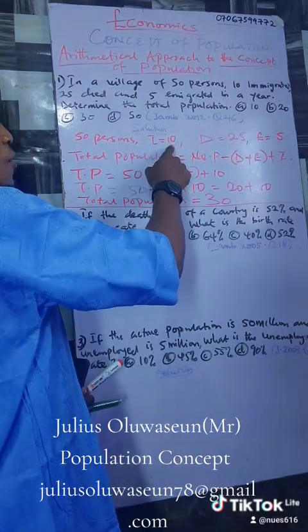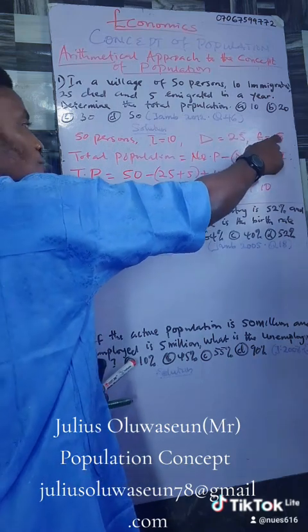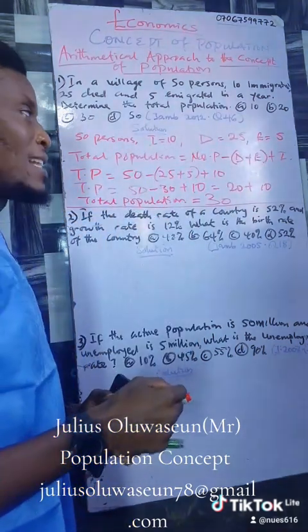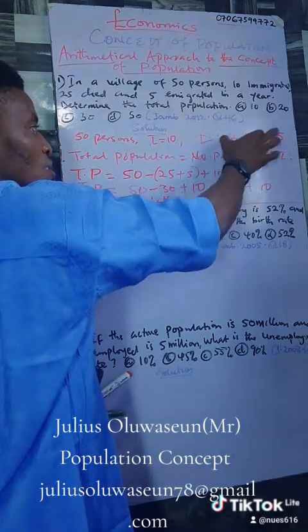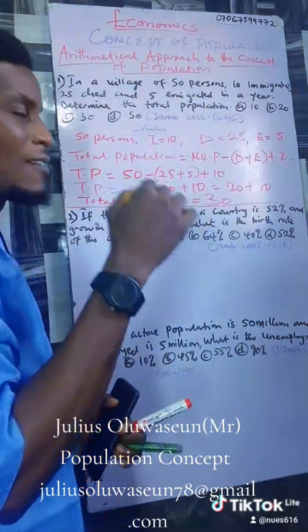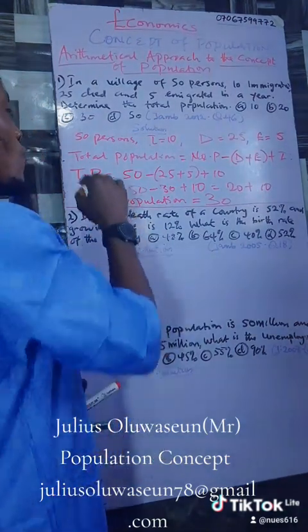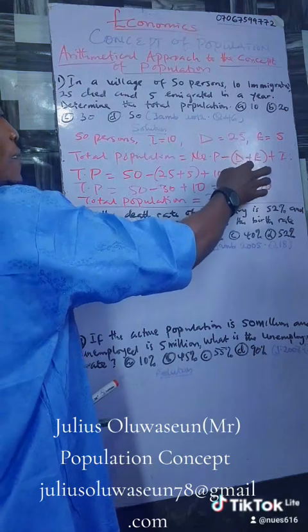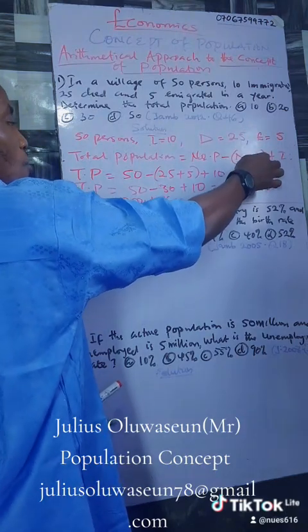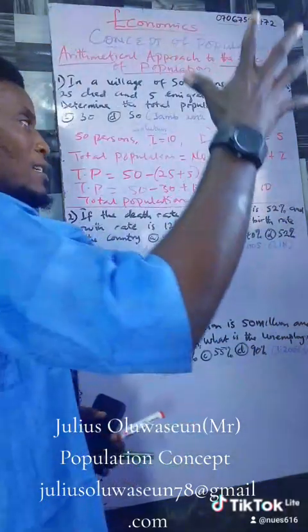Our I is for immigrated people, D is for death rate, and E is for emigration. You see, the death rate and the emigration are negative indications, that is, they reduce the number of people in a country. So in that sense, for us to get the total population, we need to minus the death rate plus emigration. Emigration has to do with people leaving the country to other places of the world.